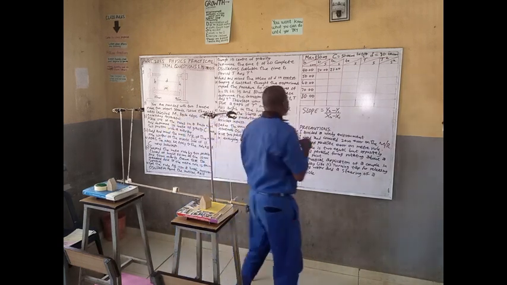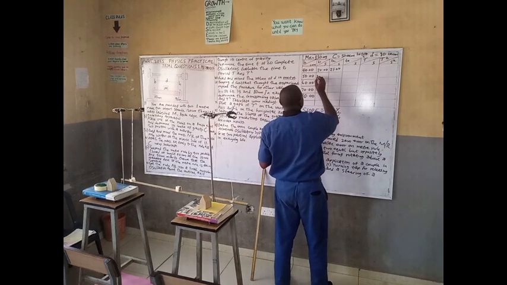The time for 20 oscillations is 24 for 50.